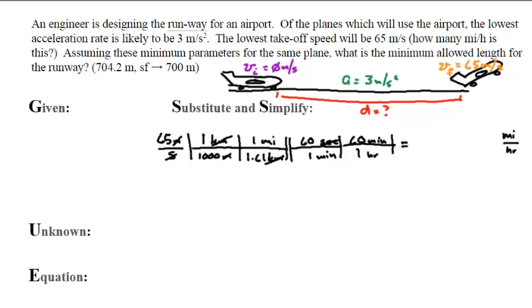When I do the math for the top, I get 234,000 divided by 1,610. When you do the math, you find that you get 145.3461. And when I sig fig it, I get 145.